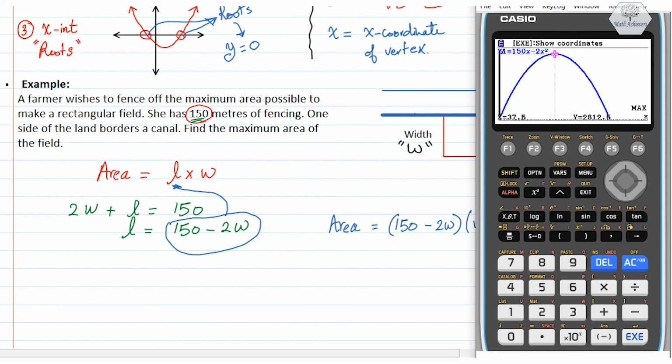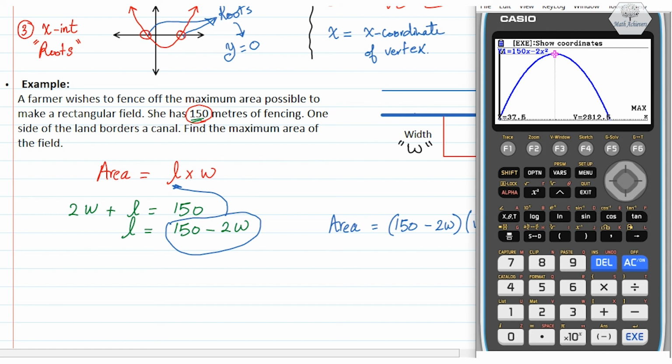And the maximum area value is simply the value of Y, which is 2812.5.